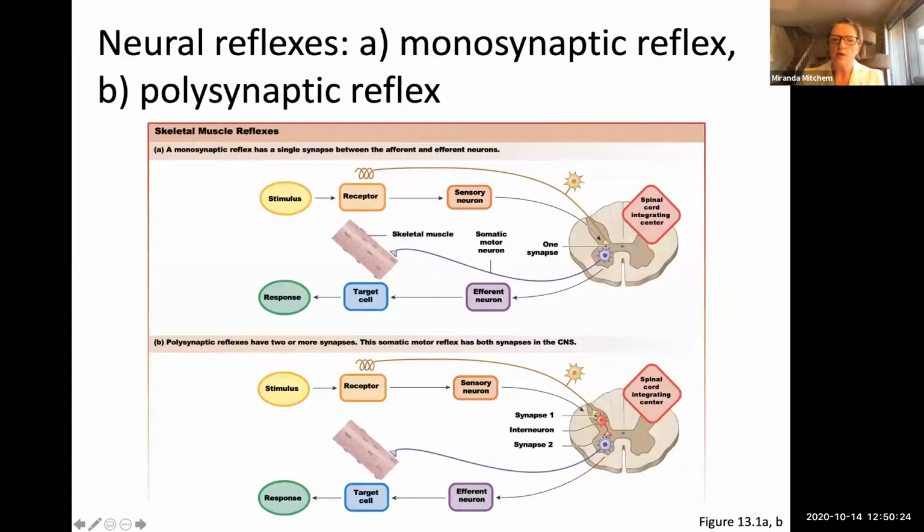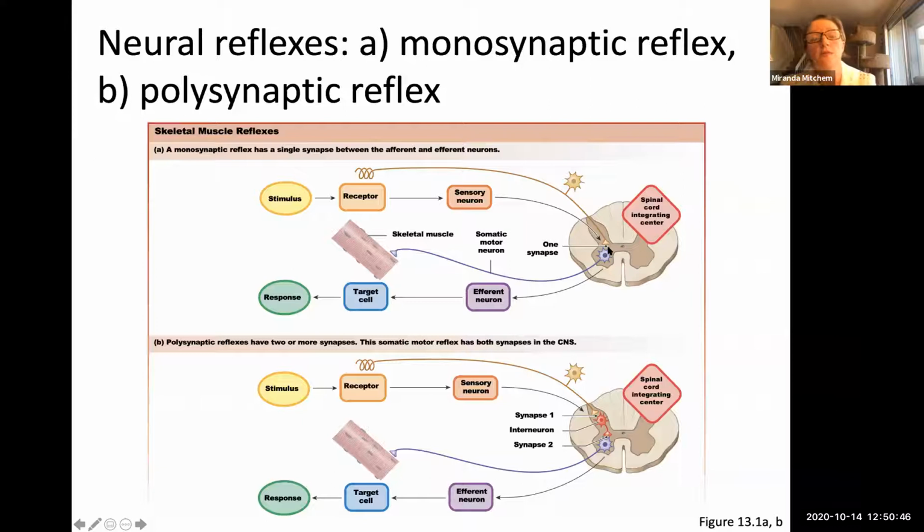All right, so let's look at the difference between a monosynaptic reflex versus the polysynaptic reflex. Mono meaning one, so same pathway that we just looked at. So we have the stimulus that's picked up by a receptor. That message travels through the sensory neuron into the spinal cord.